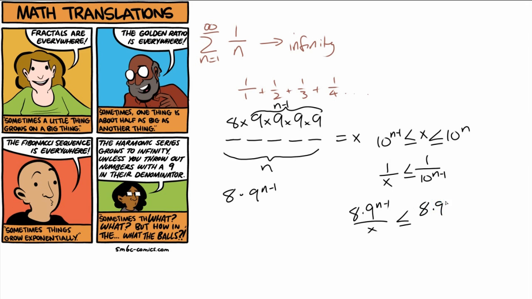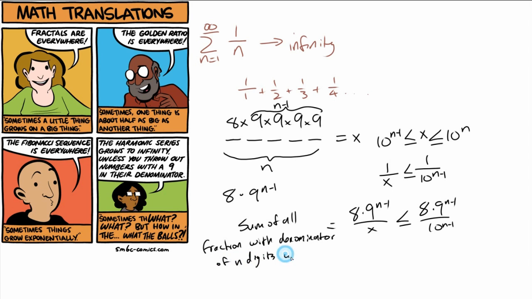8 times (9^(n-1))/(10^(n-1)), which is equal to the sum of all fractions with denominator of n digits without 9.